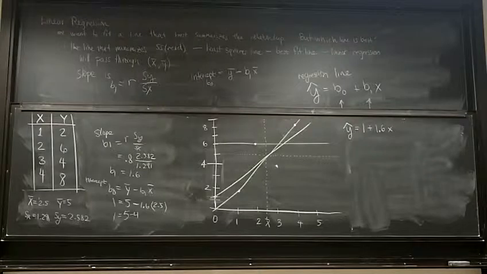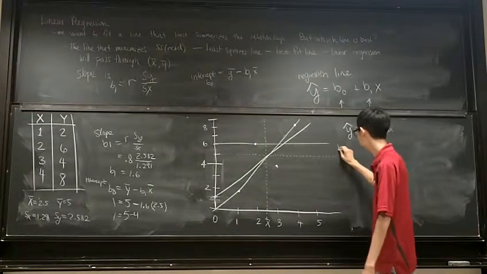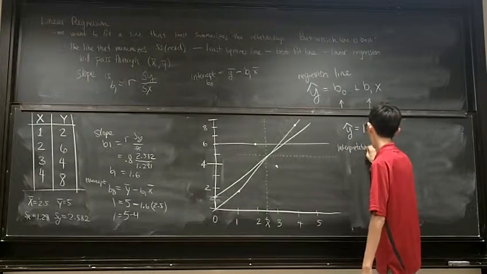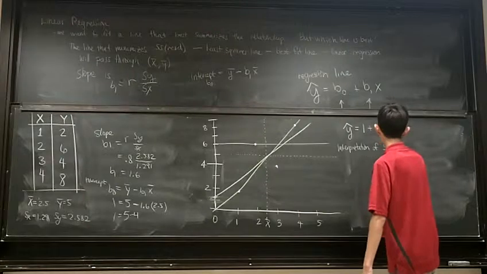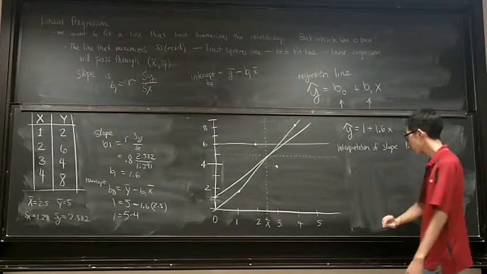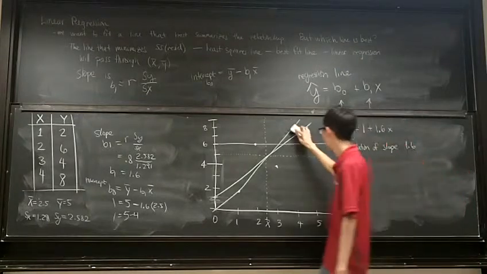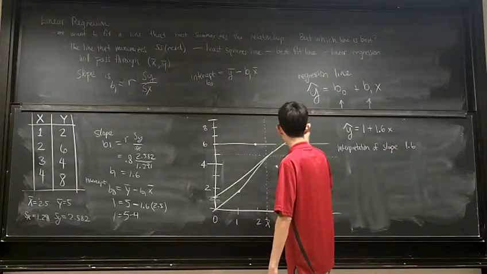Okay. Is that good? Alright, so let's talk about the interpretation of the slope, which in this example was 1.6. So let me get rid of this other line here.